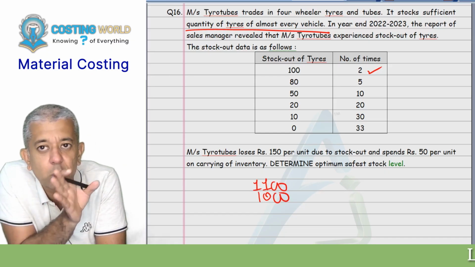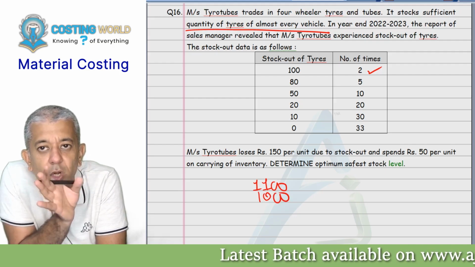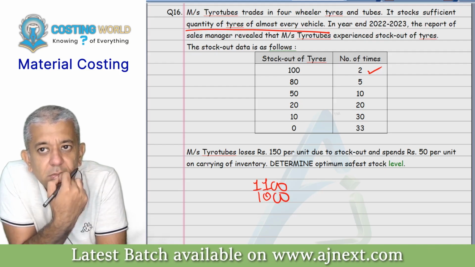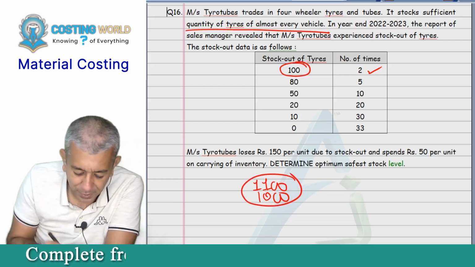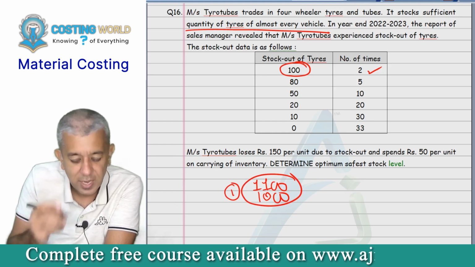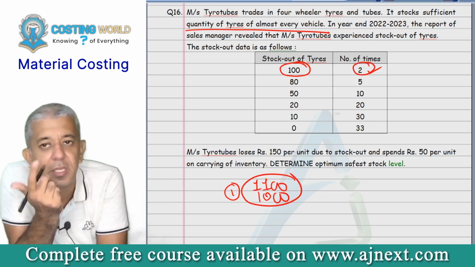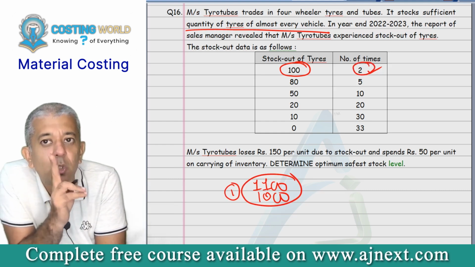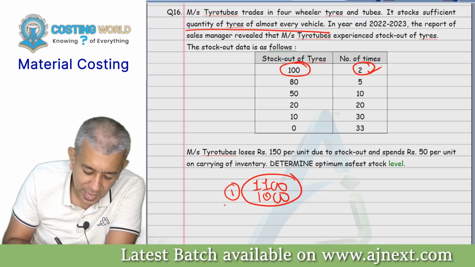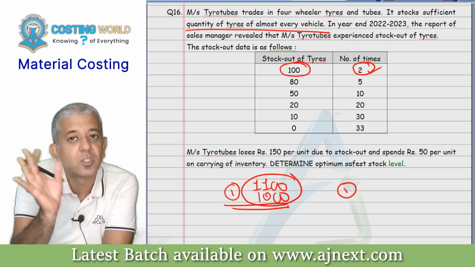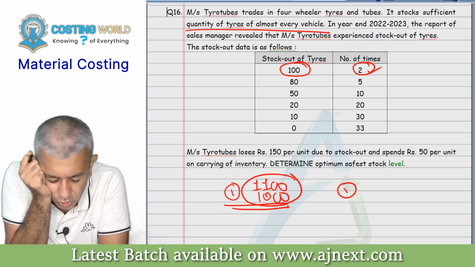So there will be a stockout of 100 tires. This happened once in my example. Like this, for the entire company, this has happened 2 times. You all understood this? This thing happened once and once more, so it happened 2 times.